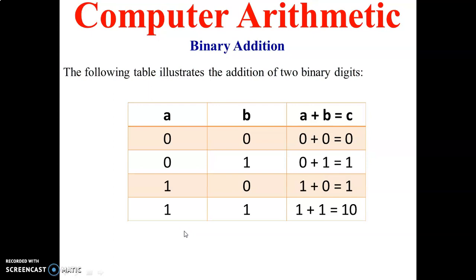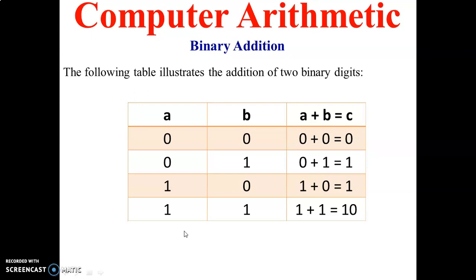By this table we will understand the rules to add two binary digits. First, if you have 0 plus 0, then the answer will be 0. If you have 0 plus 1, the answer will be 1. If you have 1 plus 0, the answer will be 1. And if you are going to add 1 plus 1, the answer will be 10.